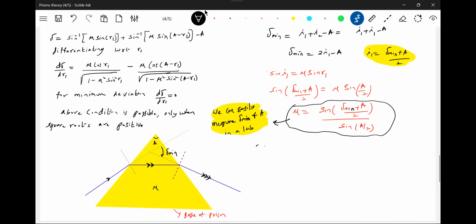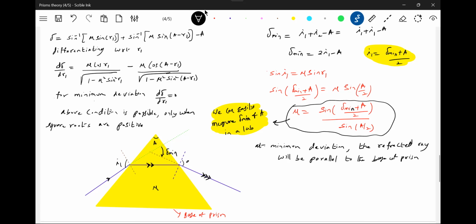So at minimum deviation, the refracted ray will be parallel to the base of the prism, and these two angles will be equal.